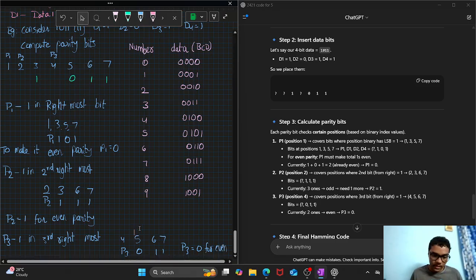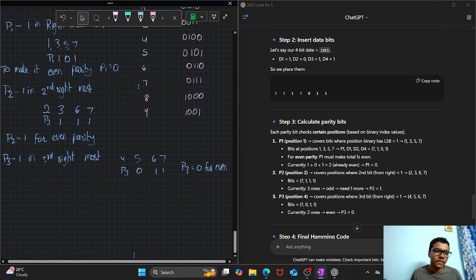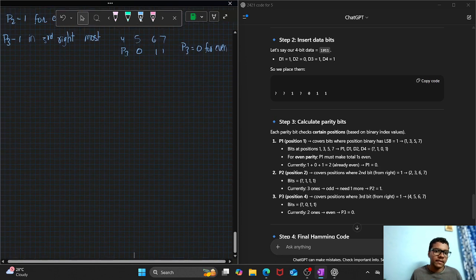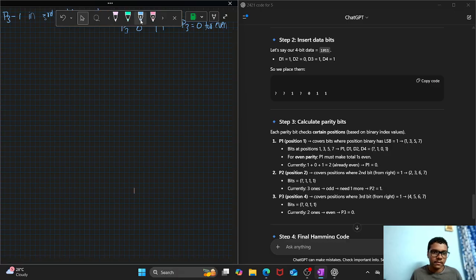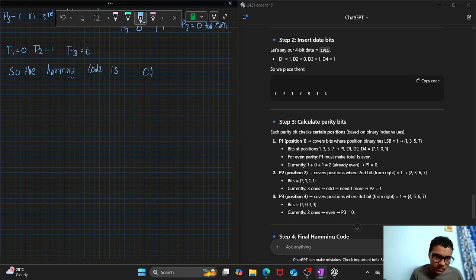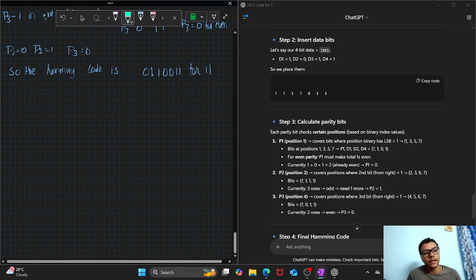So in this way, we compute the values of P1, P2, and P3. P1 is equal to 0, P2 is equal to 1, P3 is equal to 0. So the Hamming code is 0 1 1 0 0 1 1 for 1011.